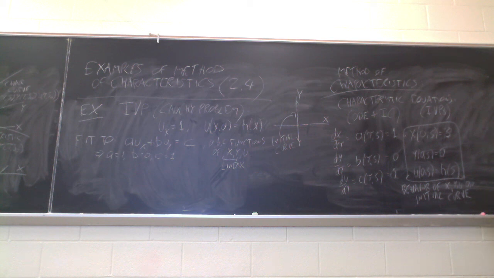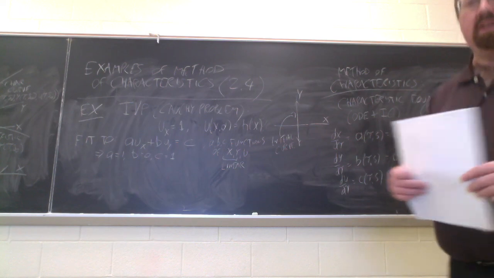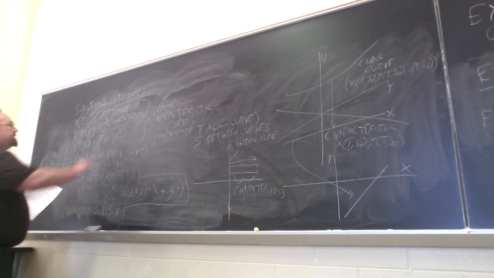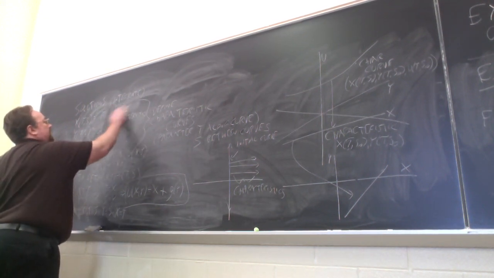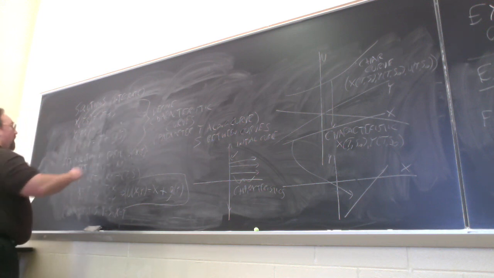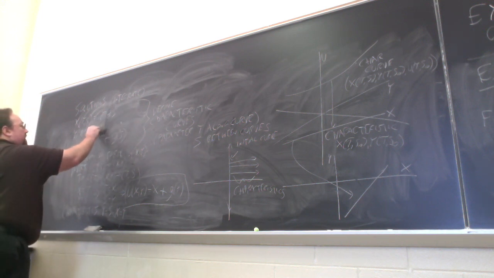Now, as far as solving the characteristic IVPs, that works out essentially the same. So now we have tau plus s for x, and then y just turns out to be 0.